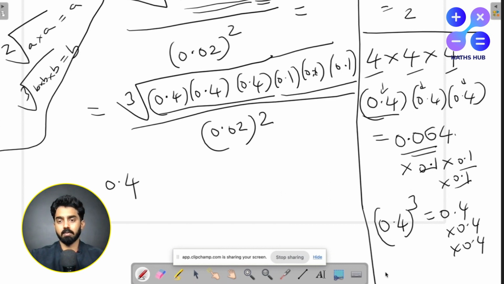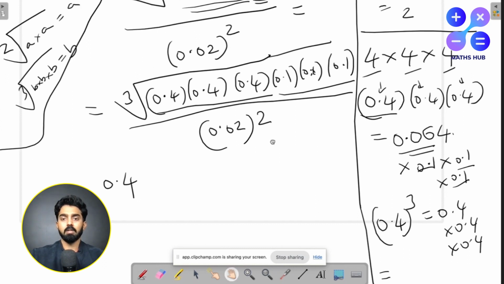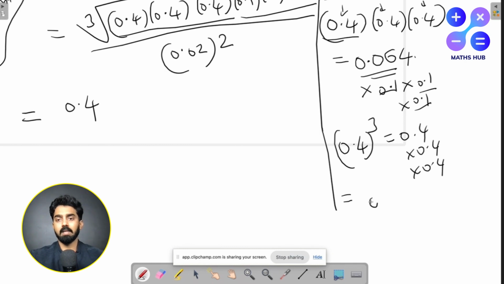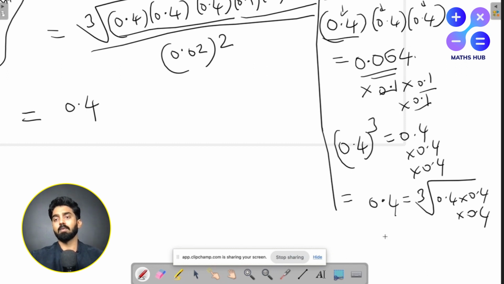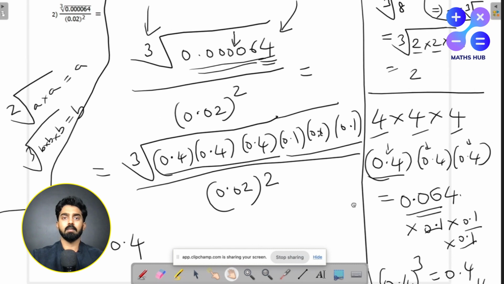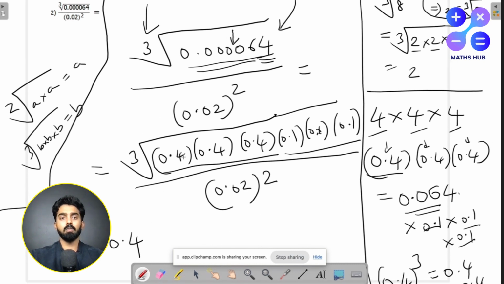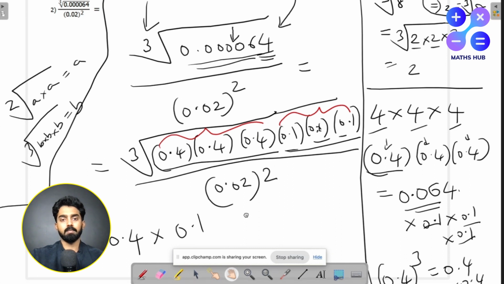So if you push the 3 over that way, you will end up with exactly the same thing. You will end up with 0.4 equals cube root of 0.4 times 0.4 times 0.4, and that's exactly what we have done there, correct? So this is the cube root of 0.4 times 0.4 times 0.4, and this is the cube root of 0.1 times 0.1 times 0.1. So this entire thing becomes one number, this entire thing becomes another number, correct? So that will become 0.1 here.